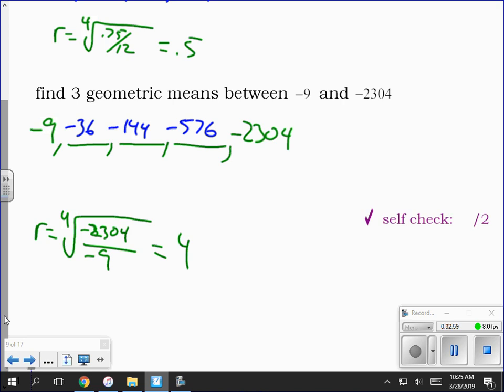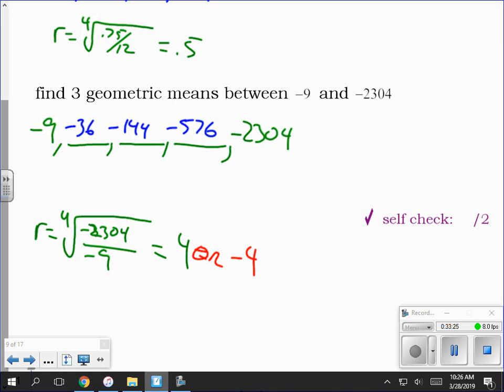Now, something I want to talk about that hasn't come up yet with any of these problems. I am beginning and ending with a negative. I am making the assumption here that my R is +4. It is entirely possible that my R actually is -4.